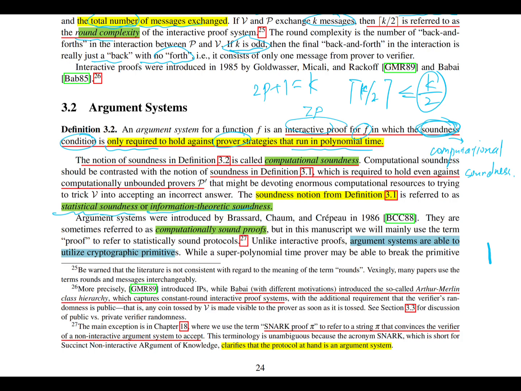Argument systems were introduced in 1986. They are sometimes referred to as computationally sound proofs. But in this manuscript, we will only use the term proof to refer to the statistically sound protocols.